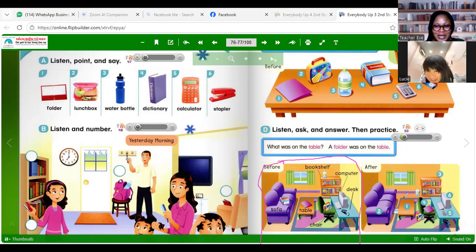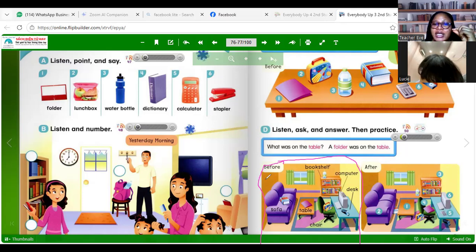No. Okay, look at picture one. Before, there was a folder on the table. Okay, so you say a folder was on the table, not has. Past tense of is is was.